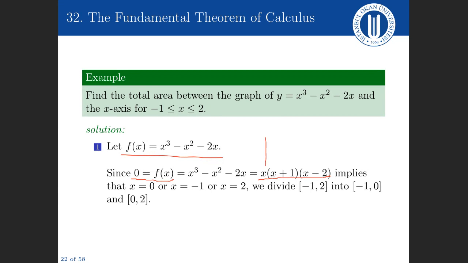How can we make this 0? Well, x could be 0. x plus 1 could be 0. In other words, we might have x equal to minus 1. Or we might have that x minus 2 is 0. In other words, x is equal to plus 2.